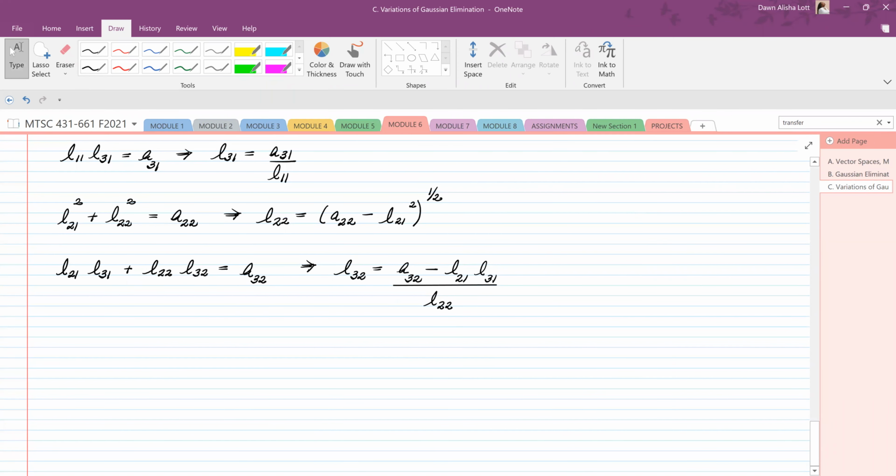And then the last one is L31 squared plus L32 squared plus L33 squared, and that has to equal A33.